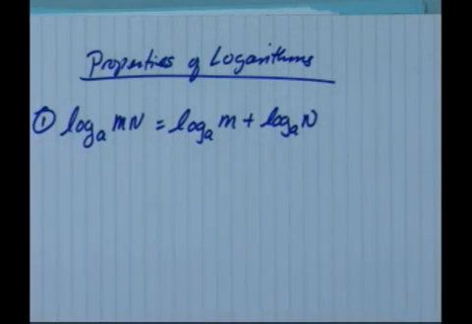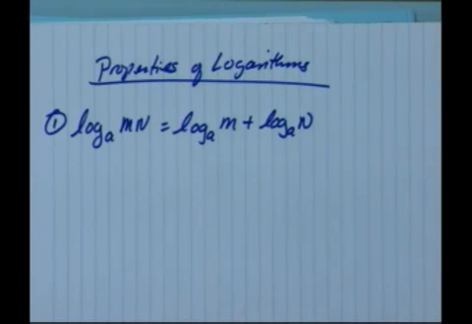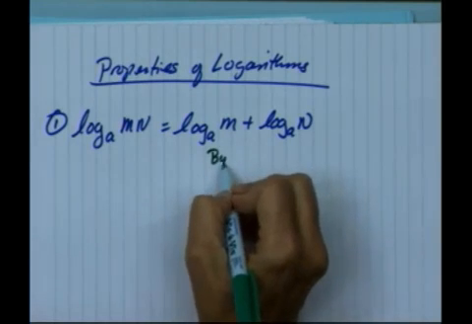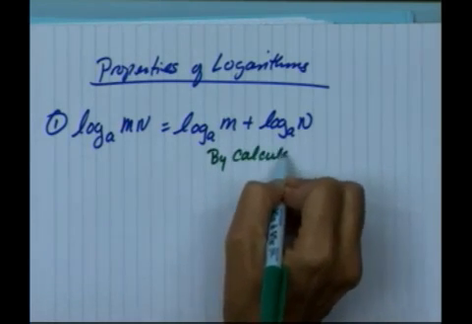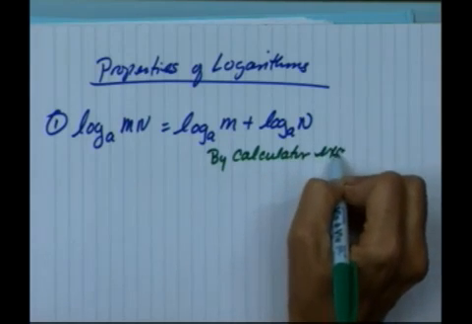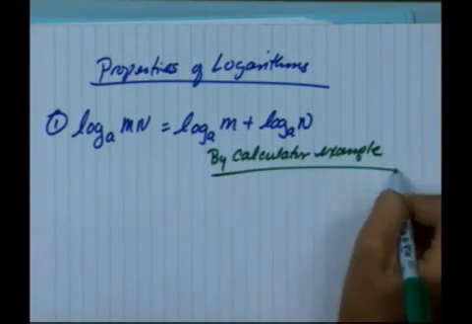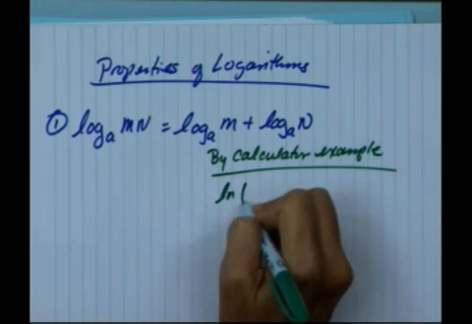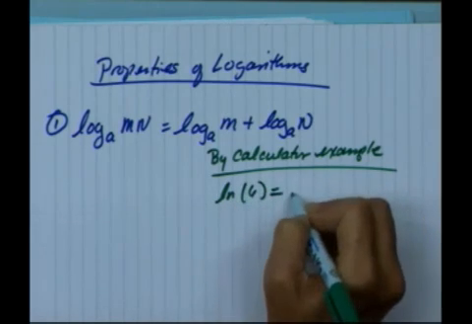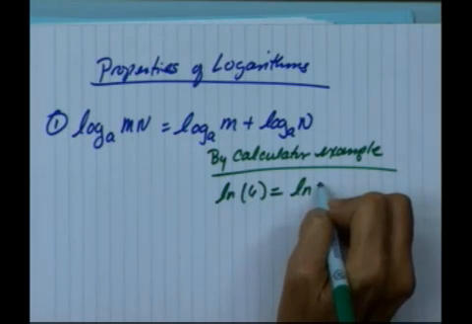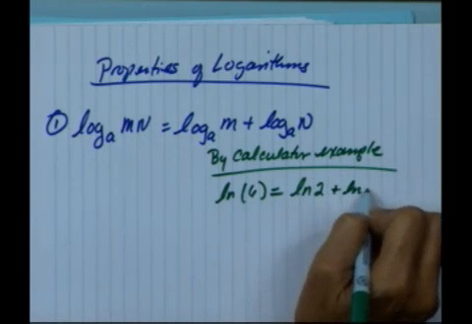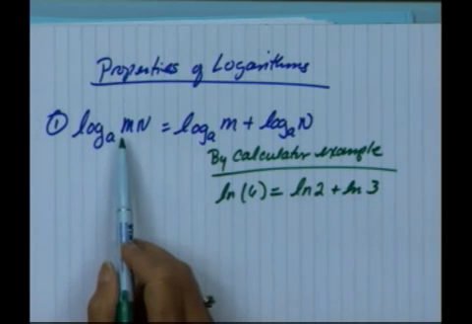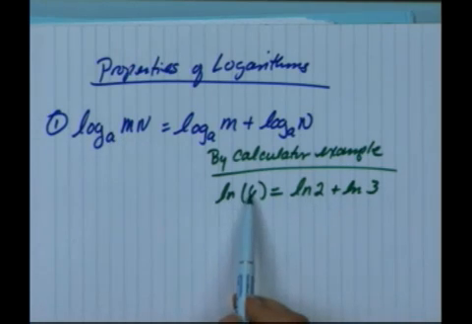All right. And before we do the proof, let's just plug a few numbers in the calculator to sort of verify this. By calculator example. And remember, one set of numbers is not a proof, we're just kind of showing it. Let's look at the natural log of 6 and show that's equal to the natural log of 2 plus natural log of 3, because 2 times 3 is 6.